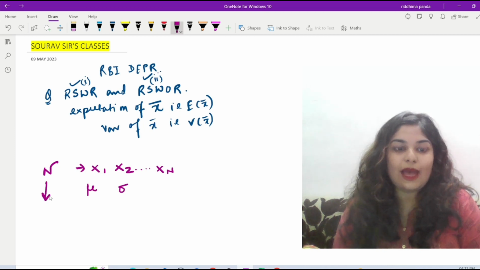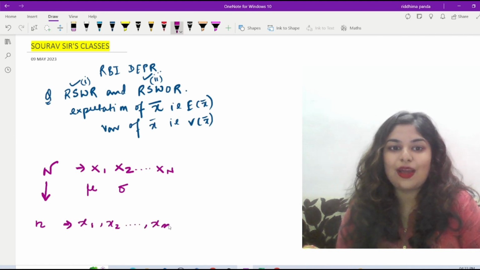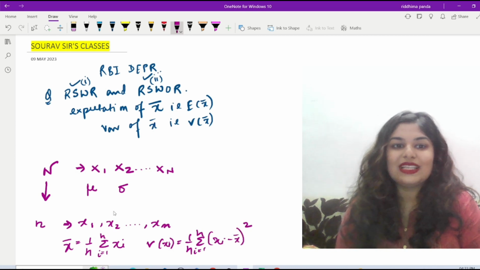From this capital N population, let us take a sample of small n observations, x1, x2, dot dot dot, xn. Here the sample mean is 1 by n summation i equals 1 to n of xi, and the variance is 1 by n summation i equals 1 to n of xi minus x bar whole square.